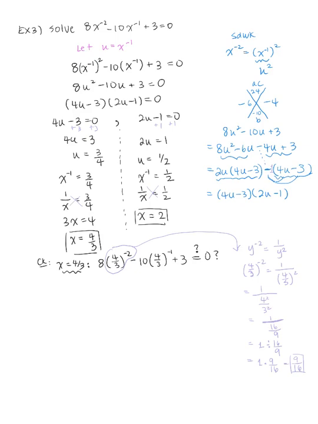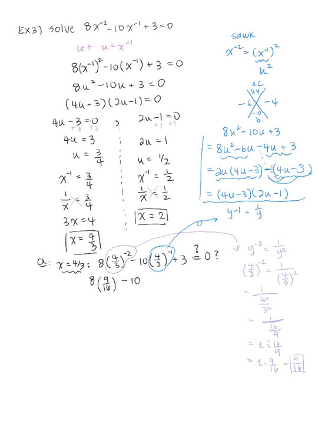Okay, so let me just rewrite that. We're going to now have 8 times 9 over 16, not squared, just 9 over 16, and then minus 10. Now we're going to do the same thing to this guy. Again, y to the negative 1 is the same thing as 1 over y.